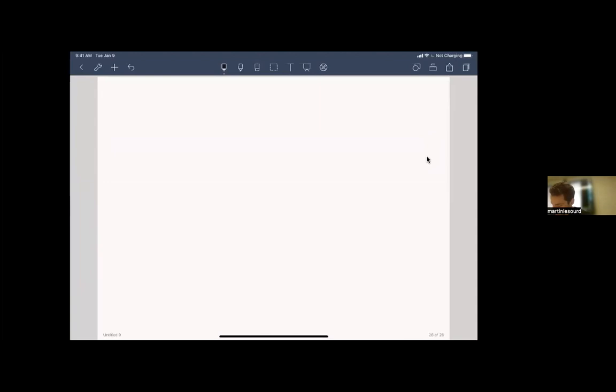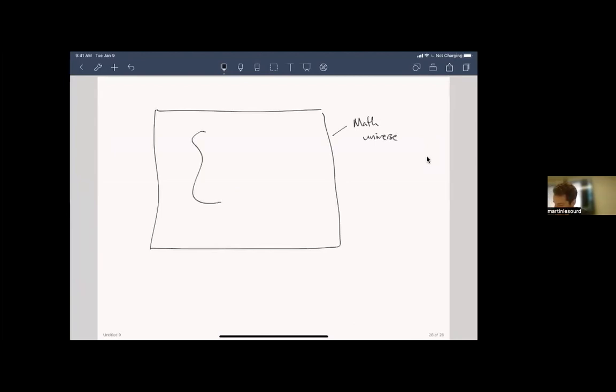Yeah, I think that's a great question. So let me put it this way. This is the mathematical universe. This is the portion of the mathematical universe that, insofar as we can tell, has been used to describe nature.